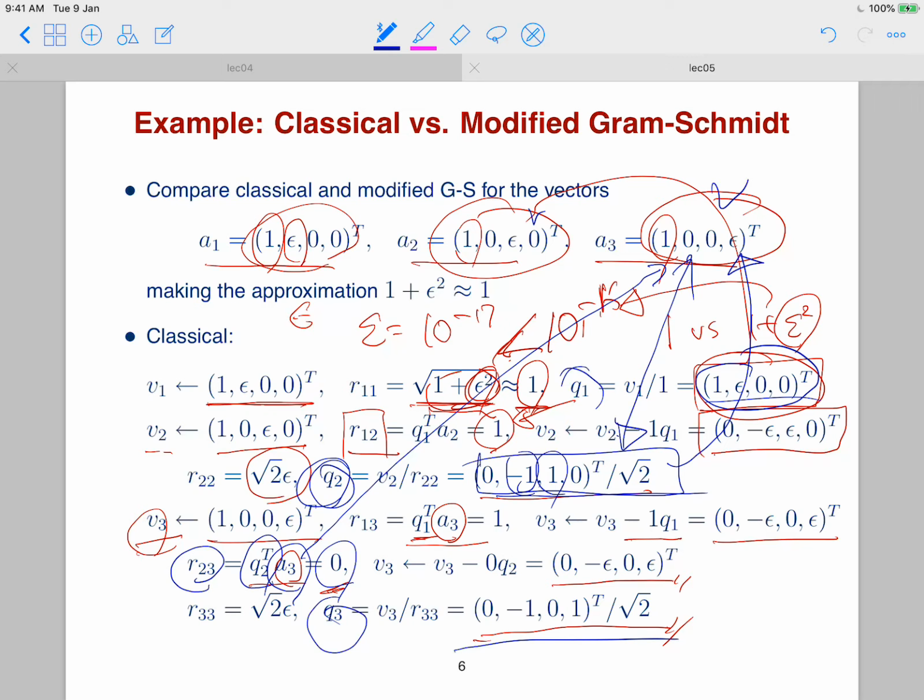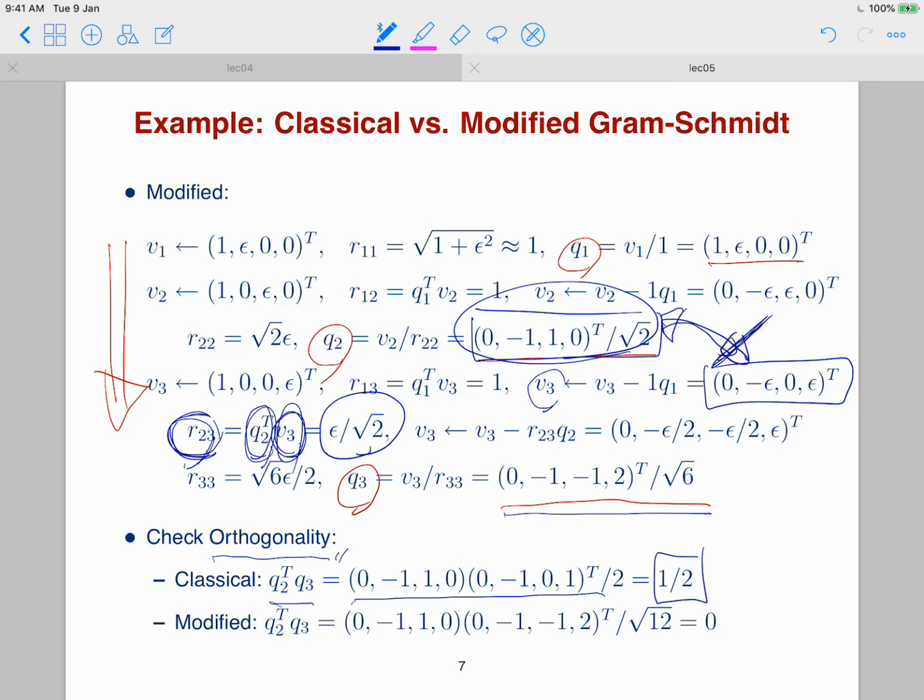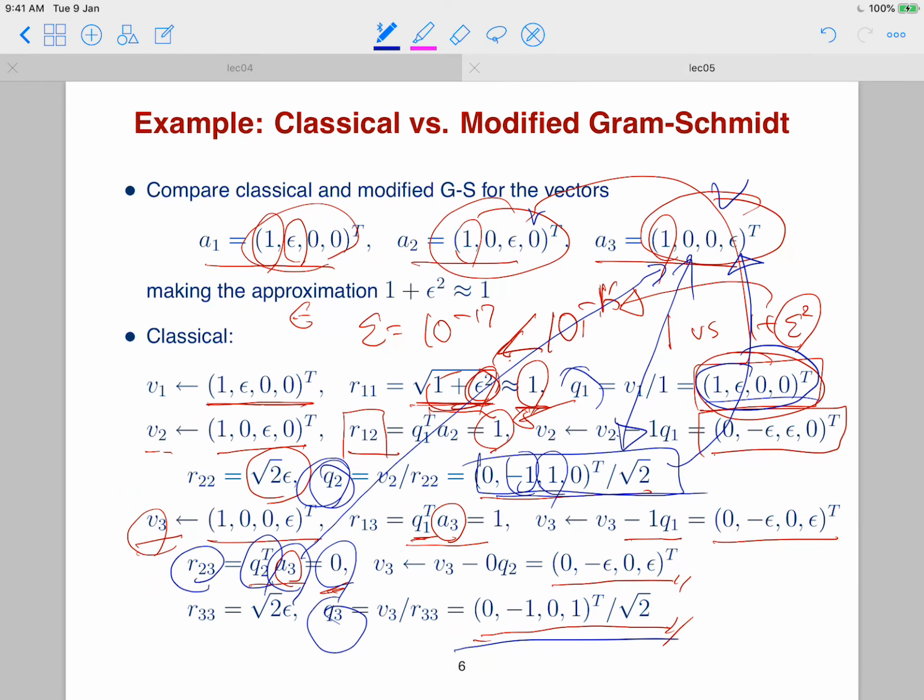You can follow these steps, step by step, and then you can see the clearly different result from these two approaches. In general, this modified one provides the better numerical stability, where this epsilon plays its critical role.